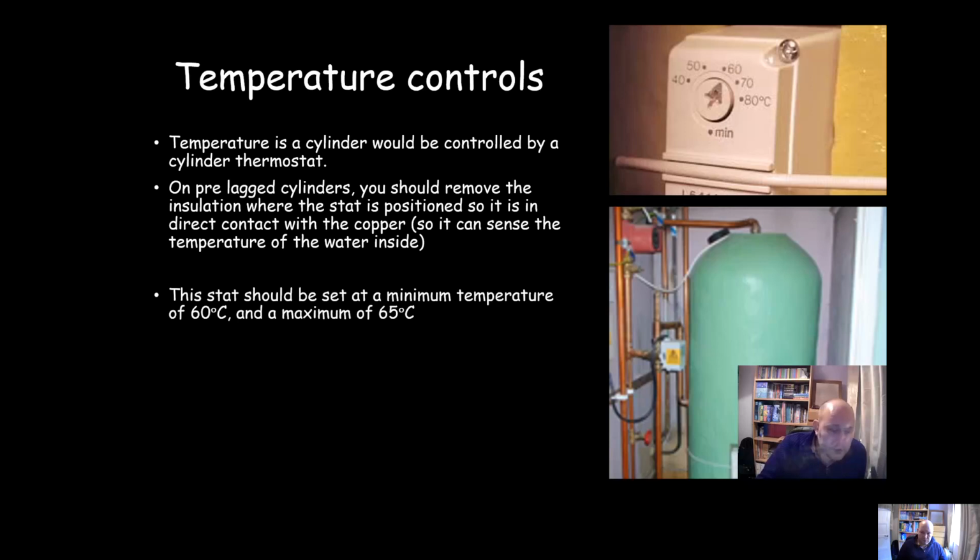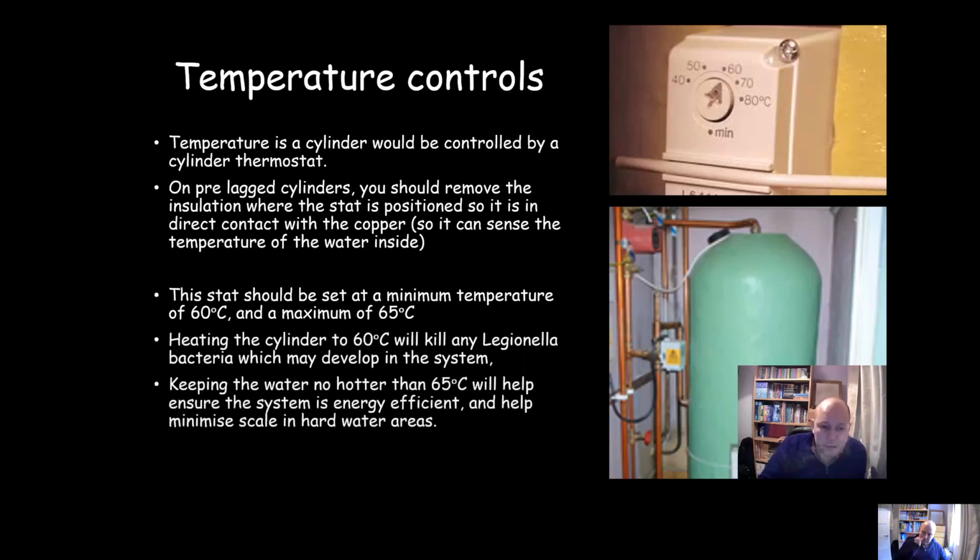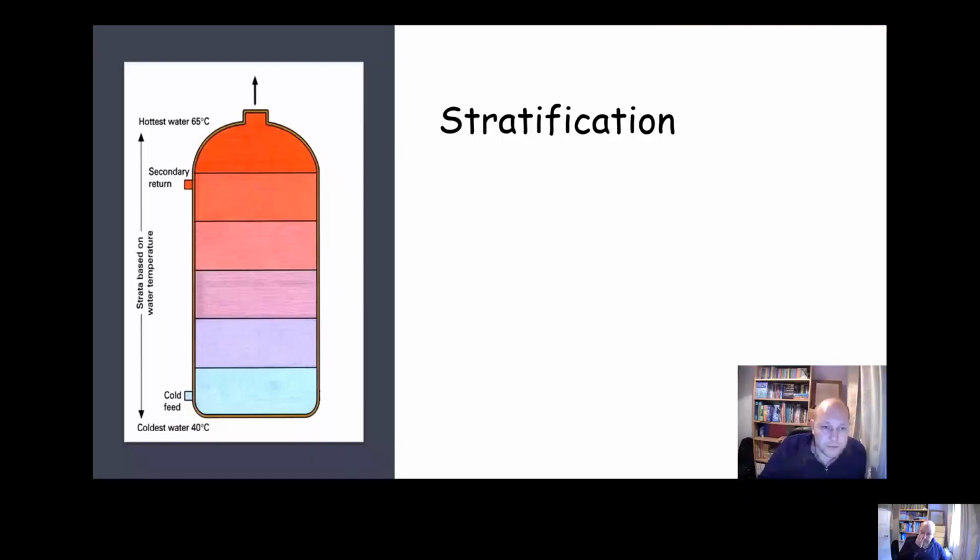It should be set at a minimum of 60 degrees C. That's what we describe as pasteurization temperature. Legionella bacteria would die off within seconds at that sort of temperature, so that's the minimum temperature it should be set at, and it should be set at a maximum of 65 degrees to reduce the risk from scale in hard water areas. Also helps keep the system a little bit more efficient.